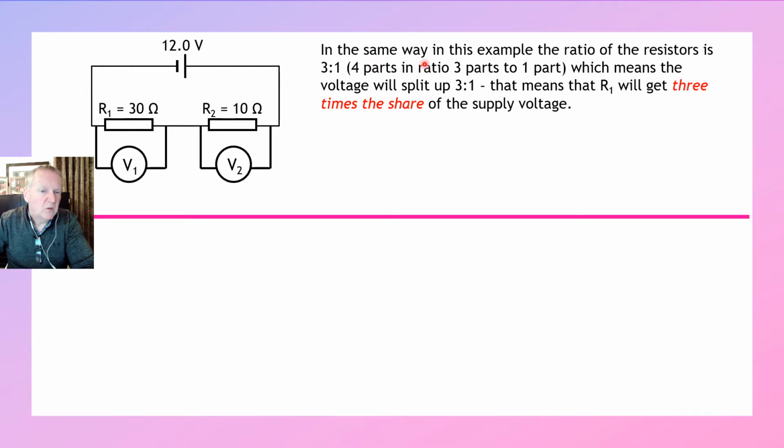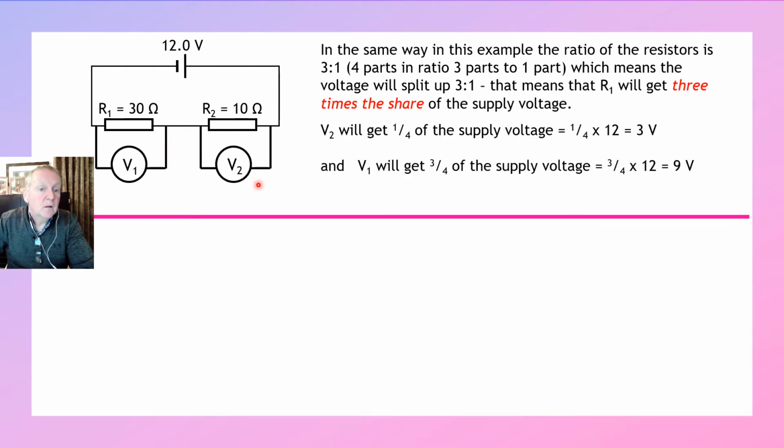In other words, you've got 4 parts to play with: 3 parts across R1 and 1 part across R2. So if we do the calculation, V2 will get one of the 4 parts of the supply voltage. A quarter times 12 gives you 3 volts, and V1 would get 3/4 of the supply voltage, which gives you 9 volts. And as you would expect, that means V1 is 3 times the value of V2.